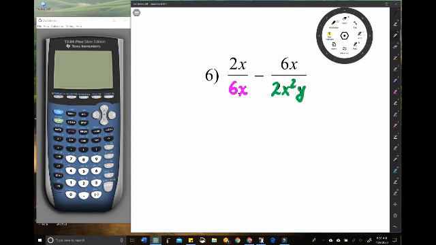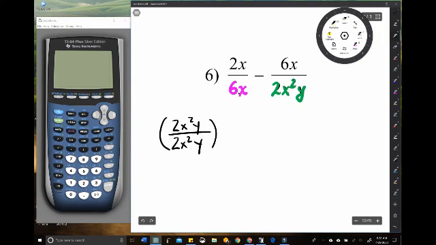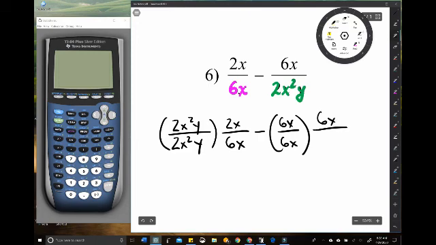But let's just multiply the whole fraction, 2x squared y over 2x squared y times the first fraction, minus, okay, 6x over 6x, and then 6x all over 2x squared y.